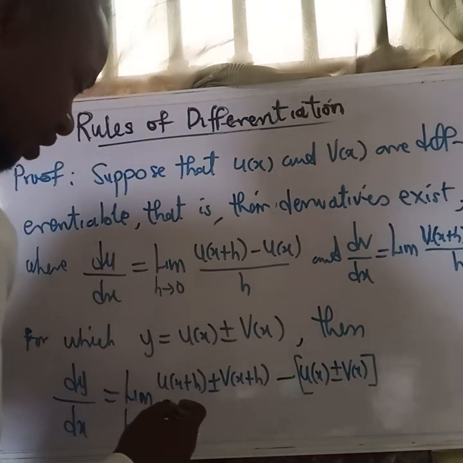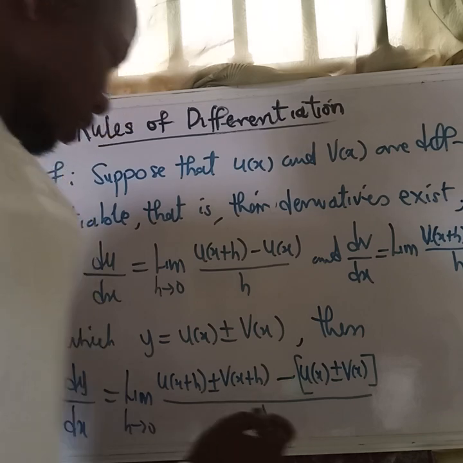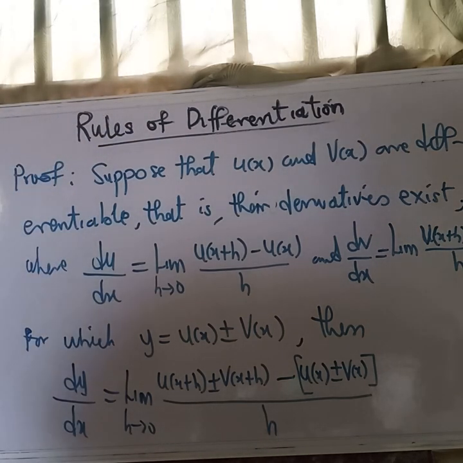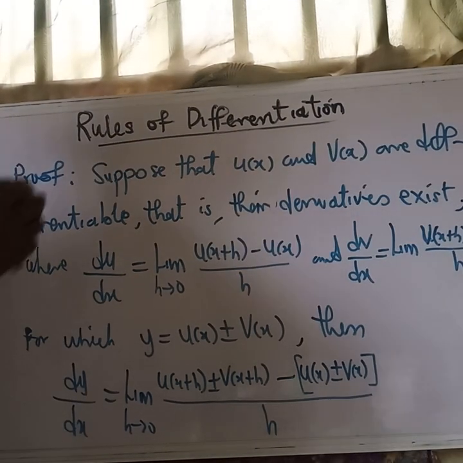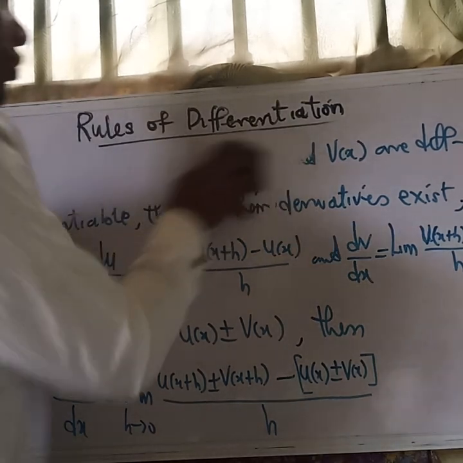So by definition of derivative, this is what we have. Okay, so let's simplify this further and see what it gives.